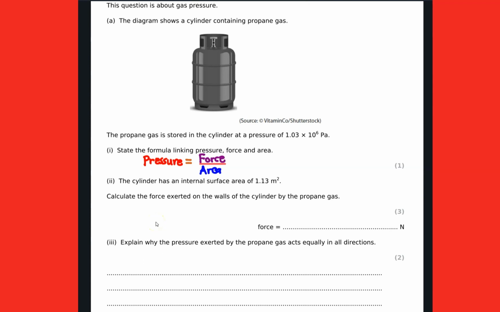Then we are supposed to state the formula linking pressure, force, and area. So in this case, we are supposed to indicate that pressure equals force over area as written there. Roman 2, the cylinder has an internal surface area of 1.13. We're supposed to calculate the force exerted on the wall of this cylinder by propane gas.